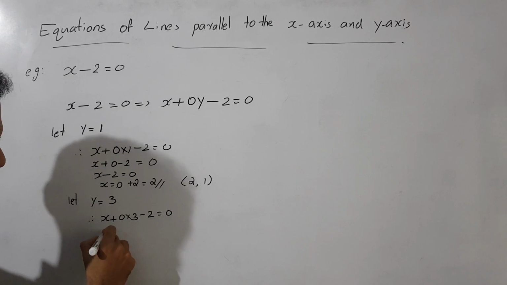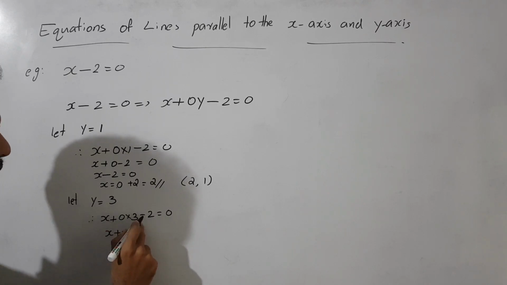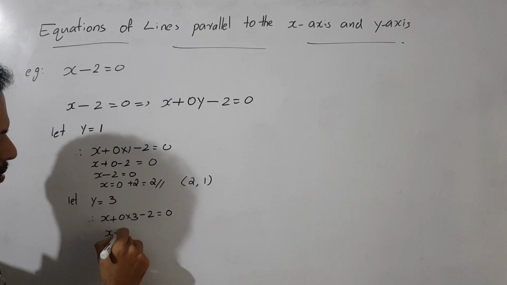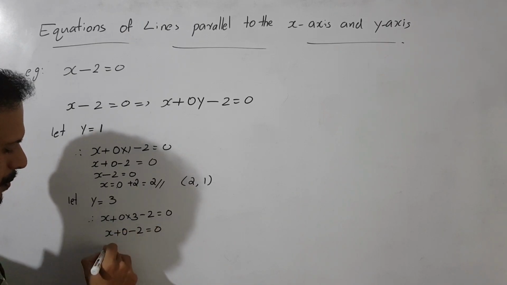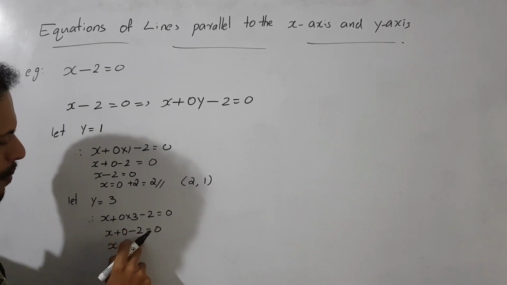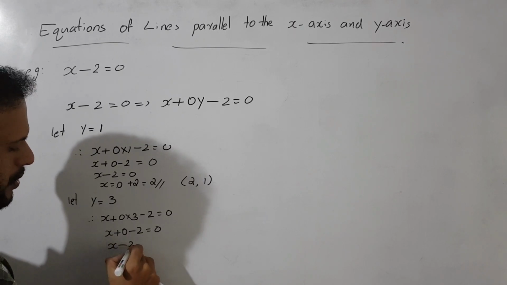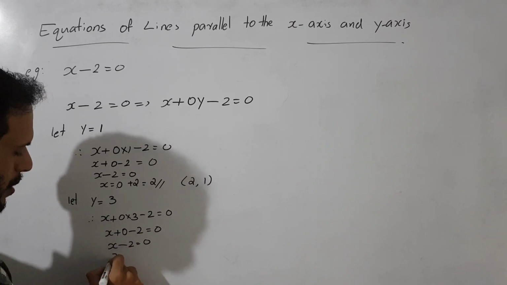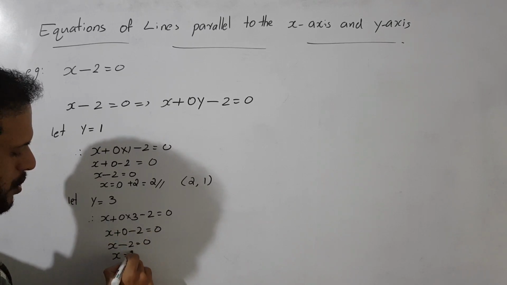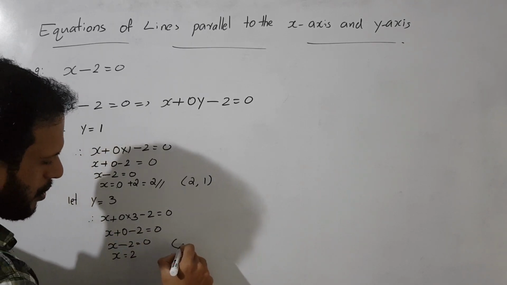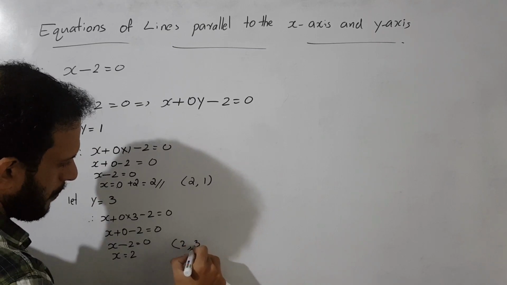What is 0 into 3? 0 into 3 is 0. Then 0 minus 2 is minus 2, so x minus 2 is equal to 0. So x is equal to 0 plus 2, correct? 0 plus 2 is 2. So the solution is (2, 3).